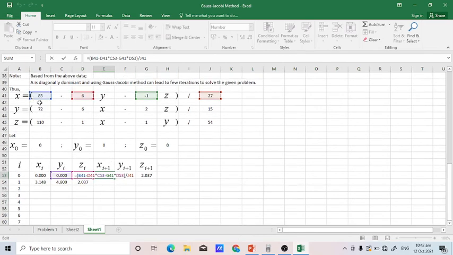Ang fix dito, B41, laging ina-apply yan. 85 minus 6, y sub, dito lang nagbabago: y sub 0, y1, y2, y3, z sub 0, z1, z2, z3. So, fix yung 85, therefore, bigyan ko ng dollar sign. Bigyan natin ng dollar sign, fix yung 85. D41, okay, fix din yan, so bigyan natin ng dollar sign.